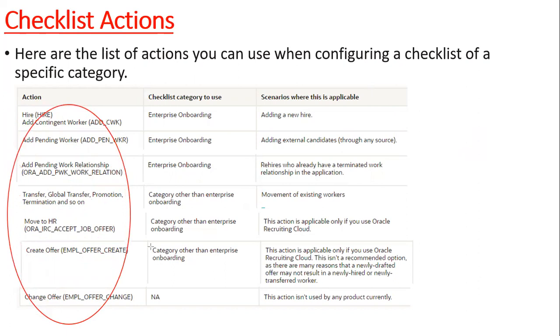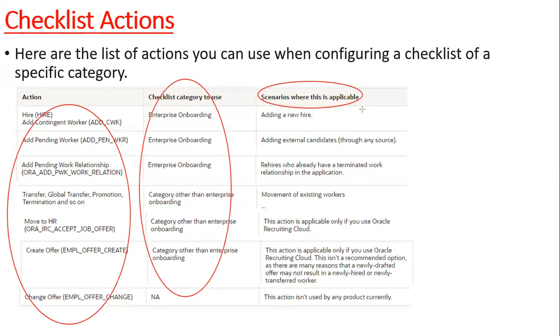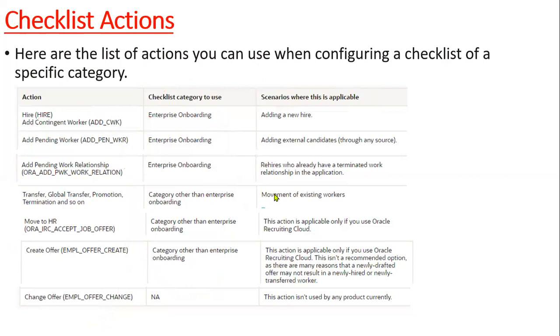We can see all these actions from different categories and the scenarios where each is applicable. That's about the checklist actions we have at different levels.